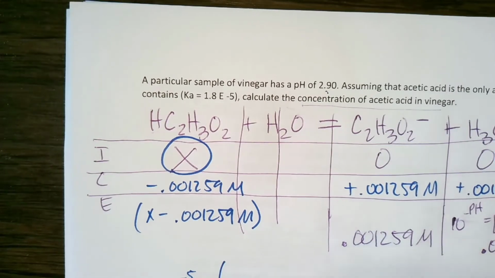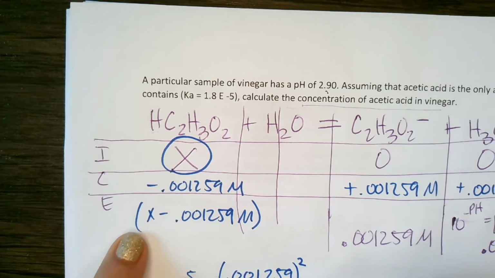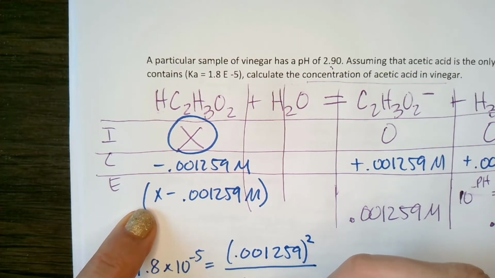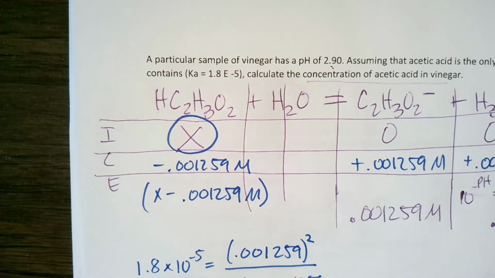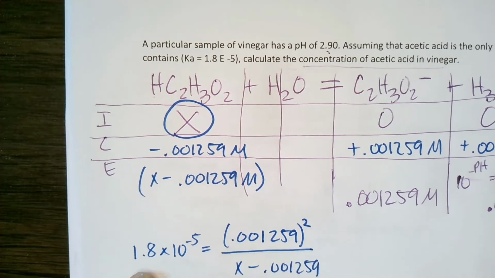So let's do 0.001259 squared over my reactants, which is X minus 0.001259. So let's simplify this, and we're going to cross multiply.